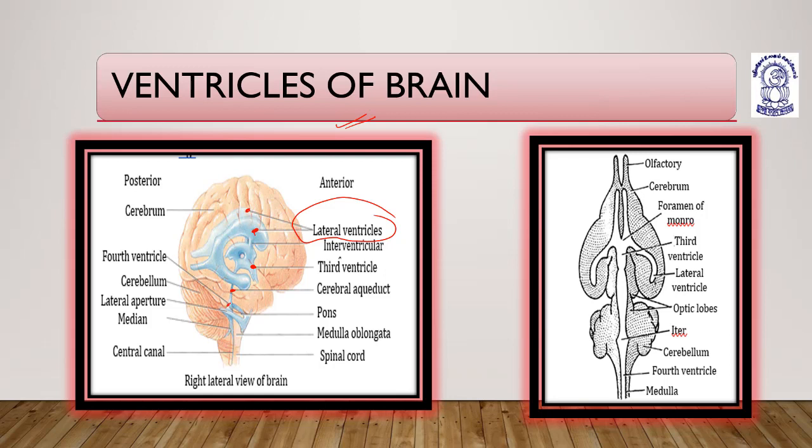This is fourth ventricle. Olfactory lobe, rhinocele, cerebrum, first and second ventricle or paracele, foramen of Monro, which connects third and lateral ventricle. This is third ventricle. This is lateral ventricle. Optic lobes, iter or aqueduct of Sylvius, cerebellum, medulla oblongata, fourth ventricle or metacele. This is medulla.